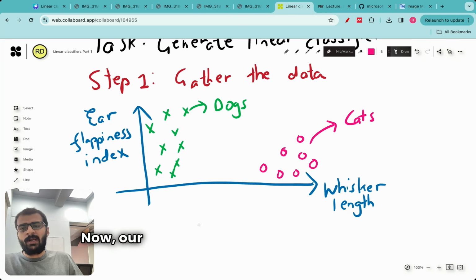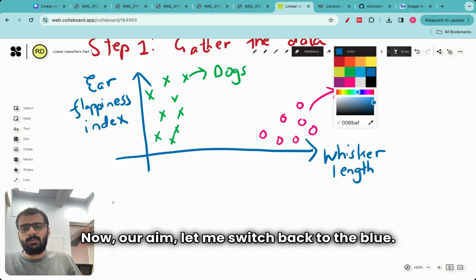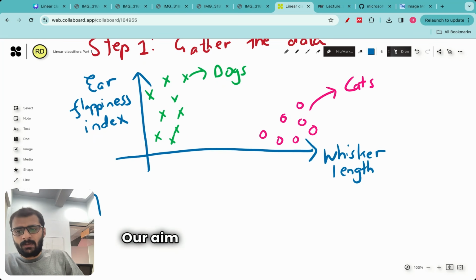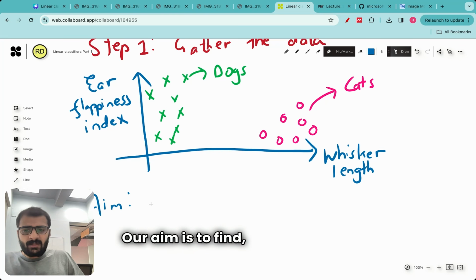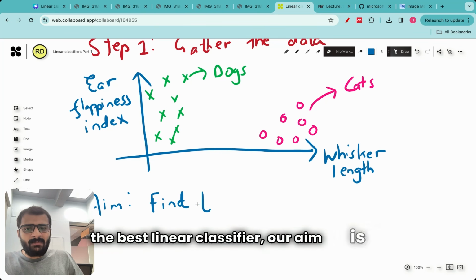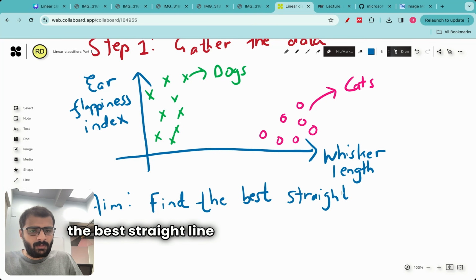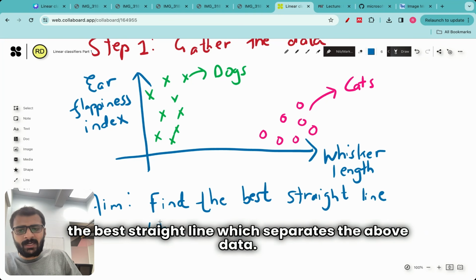Now our aim, let me switch back to the blue. Our aim is to find, when I say find the best linear classifier, our aim is to find the best straight line which separates the above data.